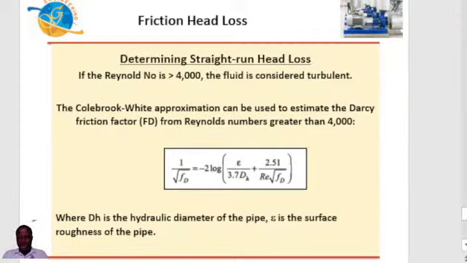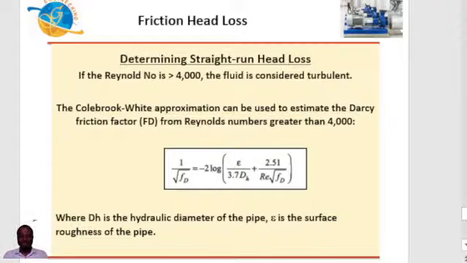This region is commonly referred to as the critical zone, and the friction factor can be difficult to predict. Take note of this. This is very, very important.